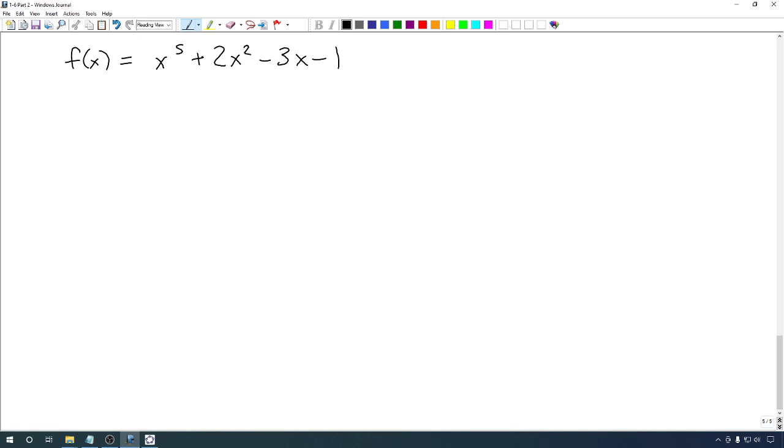I'd like to essentially find out where is this polynomial equal to 0. Essentially, just set it equal to 0. Unfortunately, this is a fifth power, a degree 5 polynomial. And finding roots of degree 5 polynomials is rather complicated. In fact, I'm not even sure if there is a nice solution here.